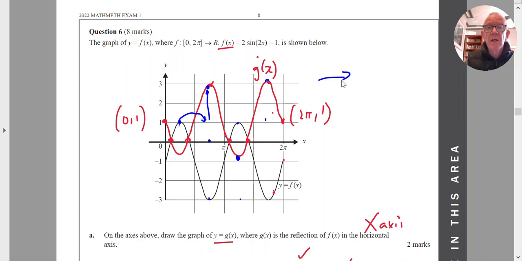So I'm looking at a sideways move of pi on 2 and an upwards move of 2.